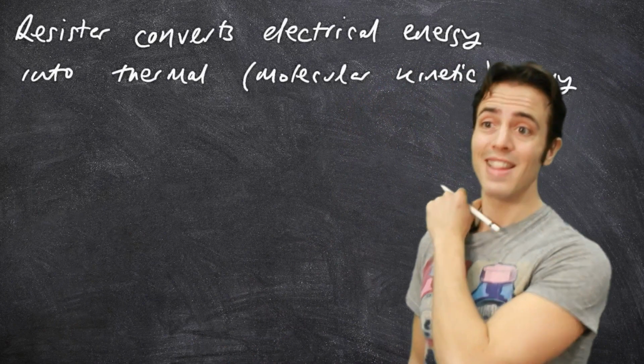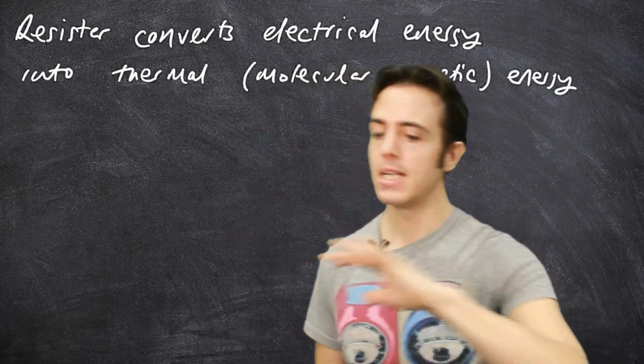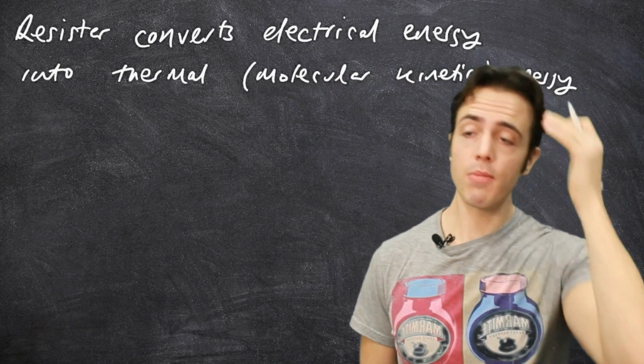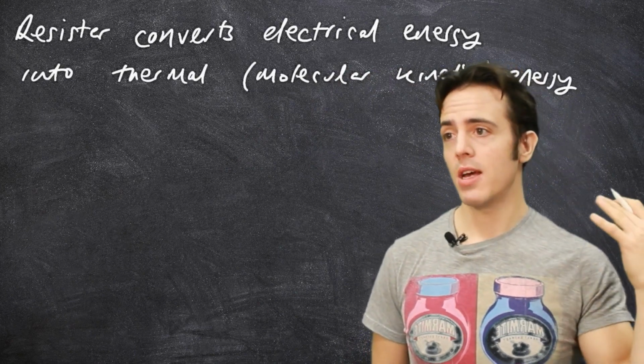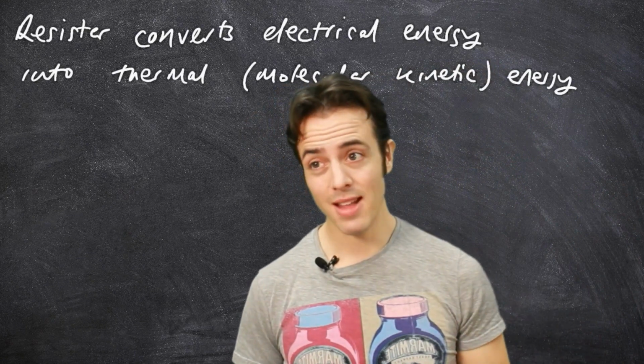In other words, these things heat up when we use them. The resistor will heat up, and that means there's only a certain amount of energy that these resistors can dissipate per second. That's its power rating.